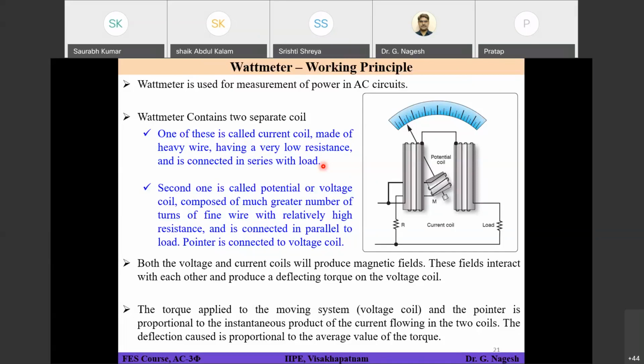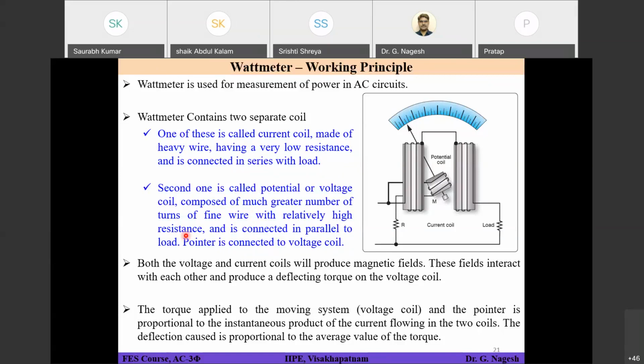Next, there will be a second coil, which is called a potential coil or a voltage coil. This coil is composed of a much greater number of turns of fine wire with relatively higher resistance. Fine wire means thin wire, because here the objective is not to carry the load current.